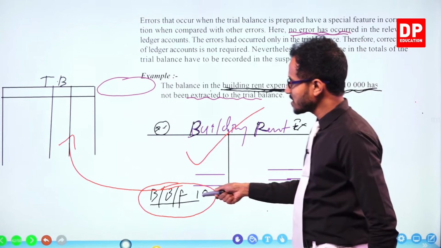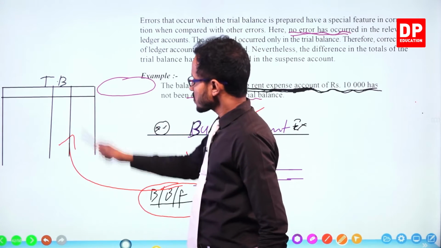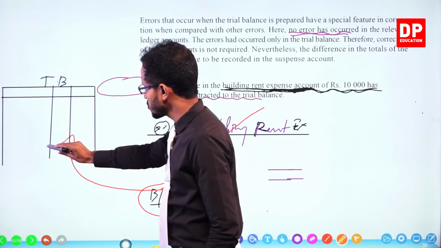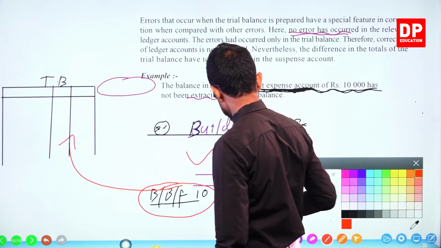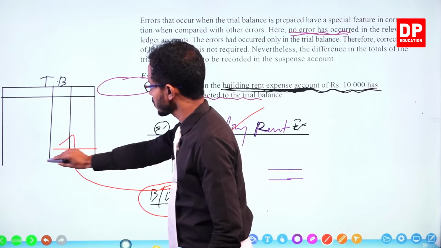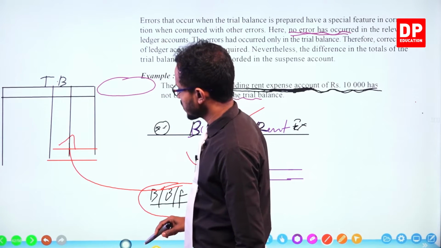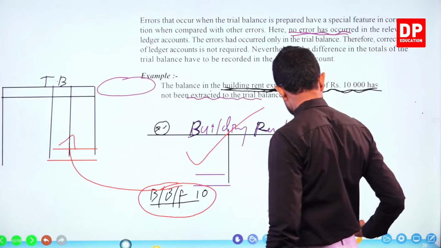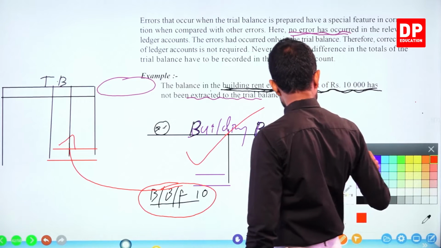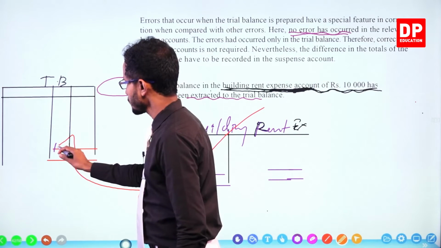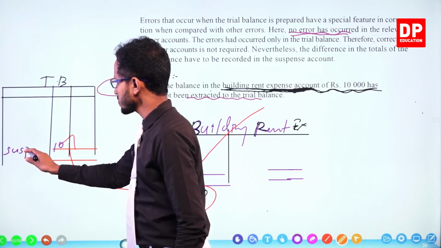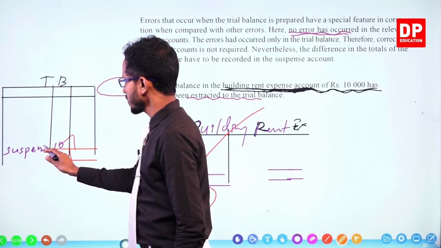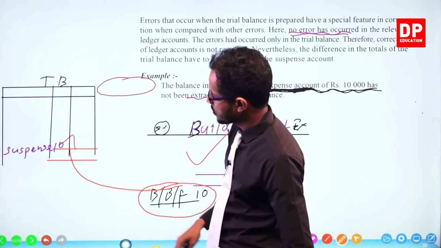But because this balance is not extracted to the trial balance, the trial balance must be having a shortage. Shortage in the debit side. And that shortage must be 10,000, and it must have been entered into the suspense account.